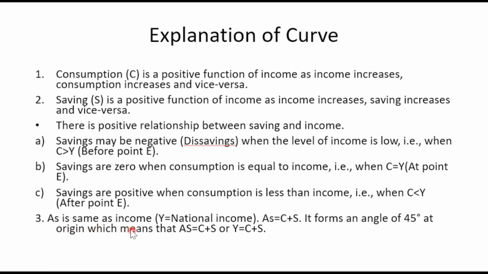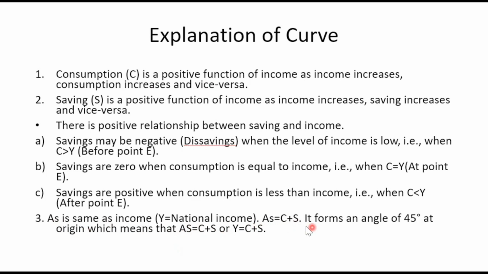And third point, aggregate supply is the same as income. This we have already seen because of factor payment, isn't it? And that's why we call aggregate supply national income also. And how is aggregate supply calculated?